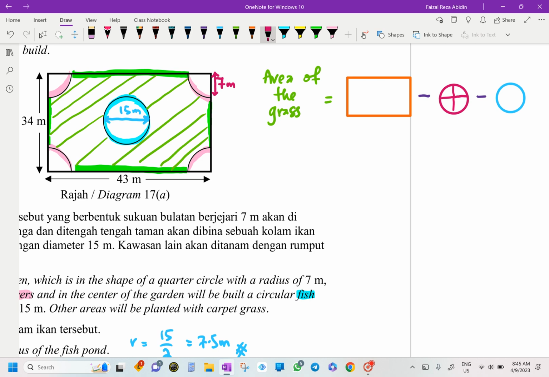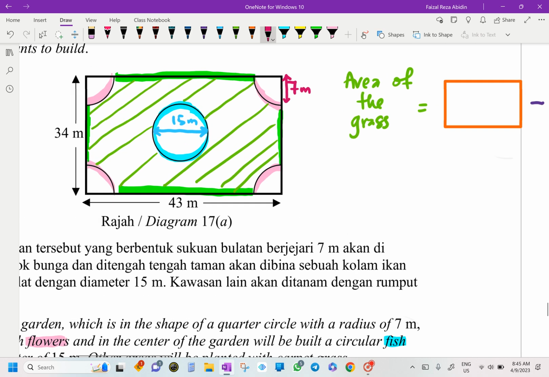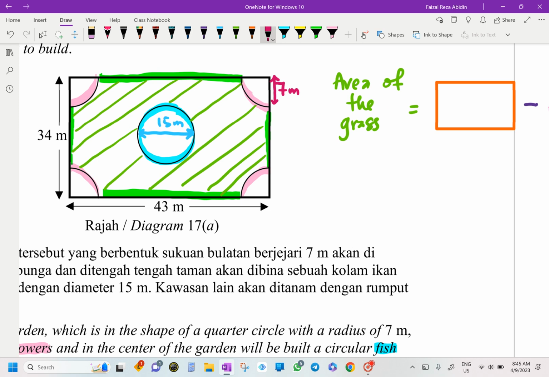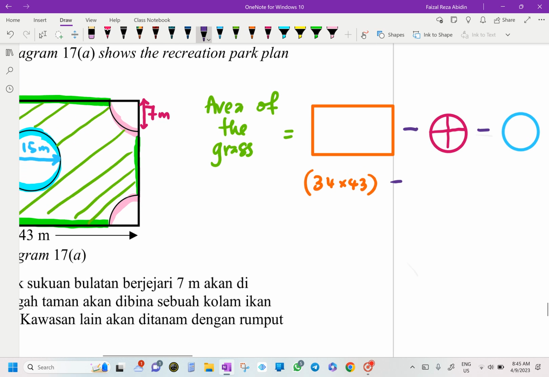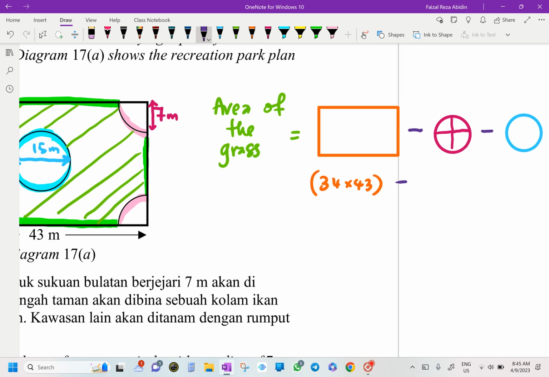So first thing first, the area of the land: 34 times 43. Minus, for our area of a circle, pi r square: 22 over 7 times the radius, 7 square. Do I need to times by 4?